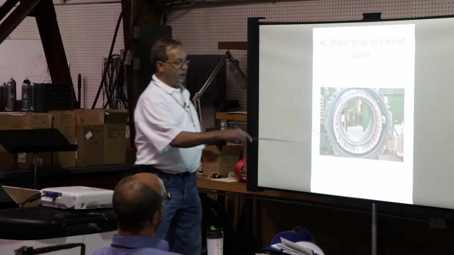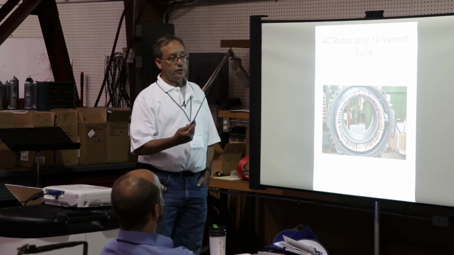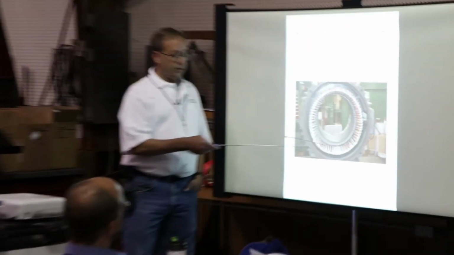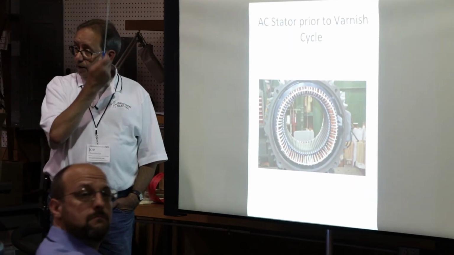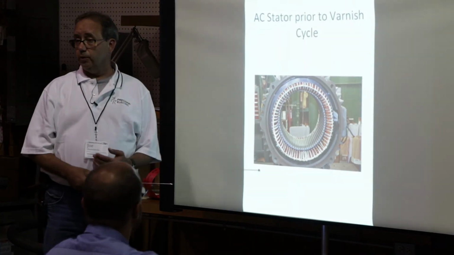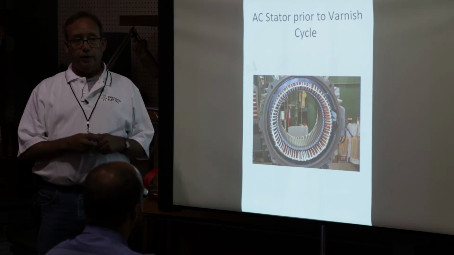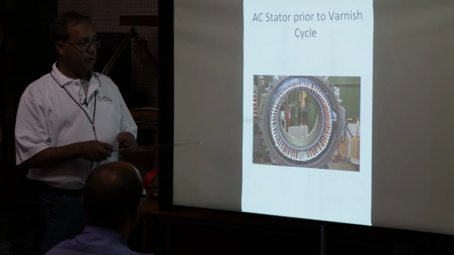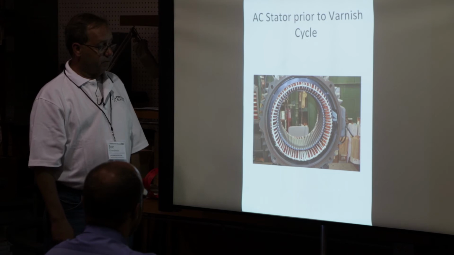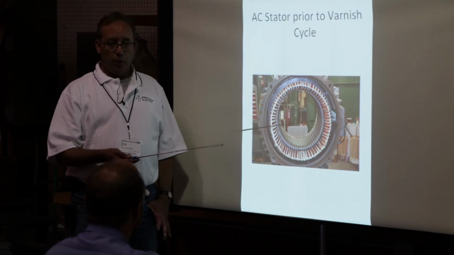That's what the winding looks like after it's all connected and tied down, before it's varnished. Once it's to this point, it's tested, and then it's varnished for moisture resistance and rigidity. It keeps everything from vibrating in there and creating problems. But in the big scheme of things, this is a 4-pole.